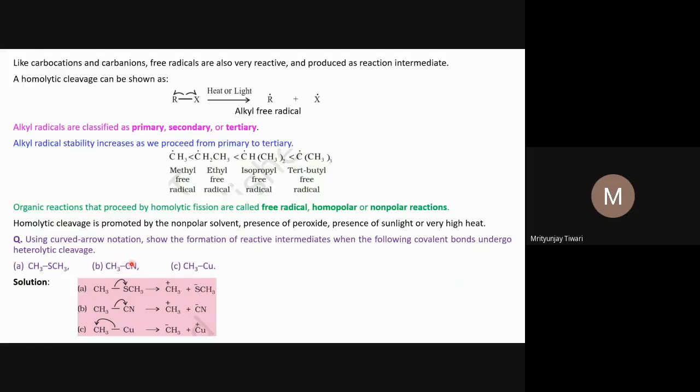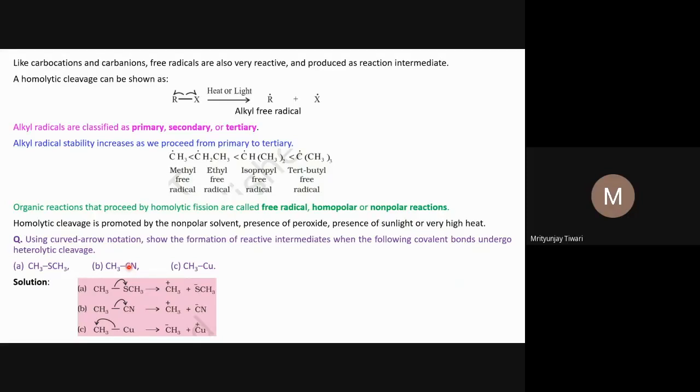So this carbon will have very low electron density. It will have at least a 3 delta plus charge. And once it acquires a delta plus charge, its electronegativity will increase. Any species which has a positive charge, its electronegativity will increase because the electron which was shielding the effect of the nucleus is now unavailable.